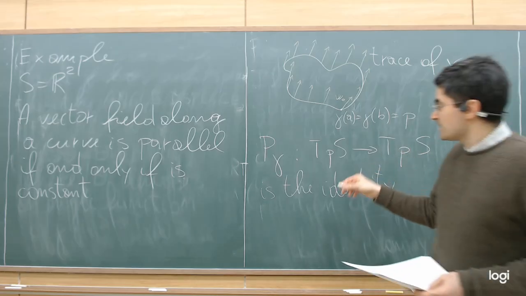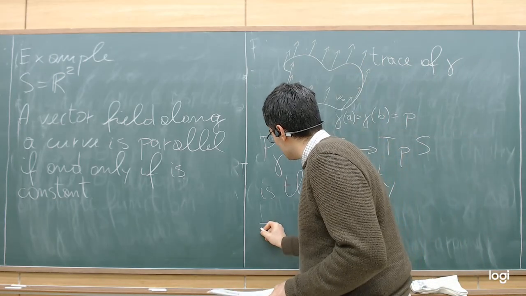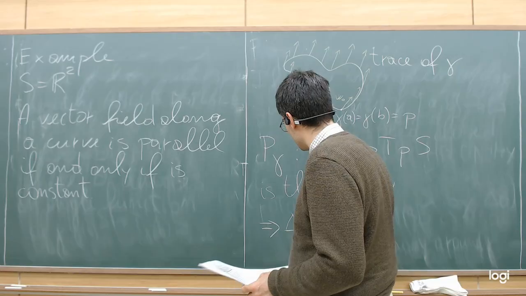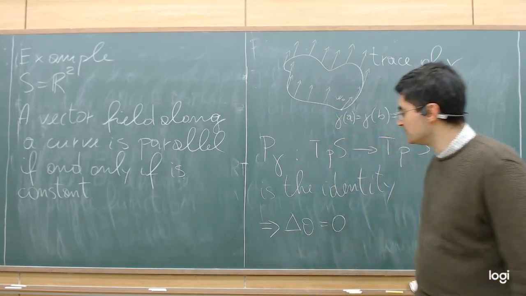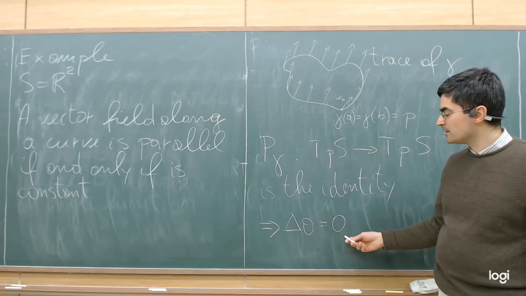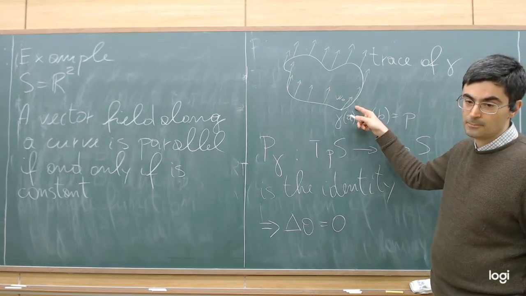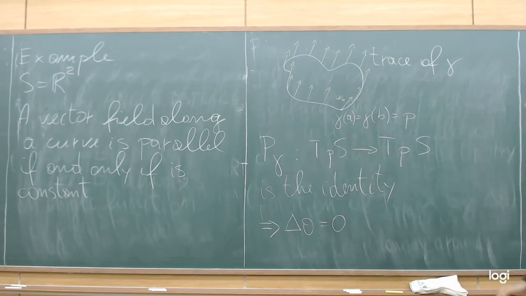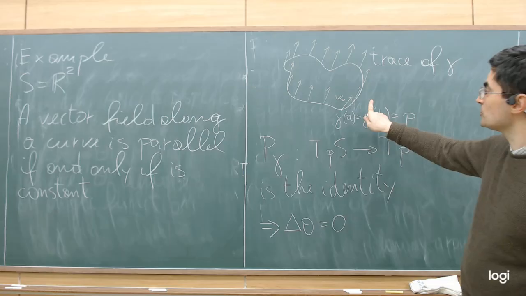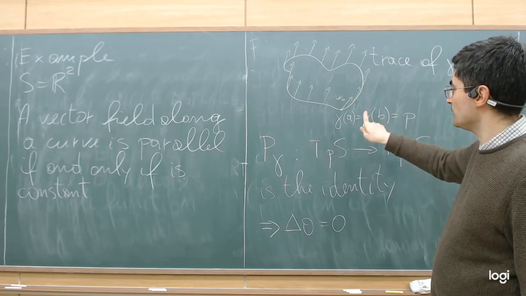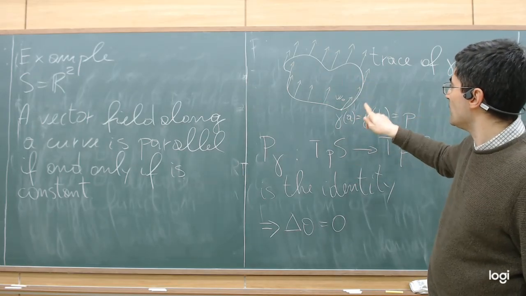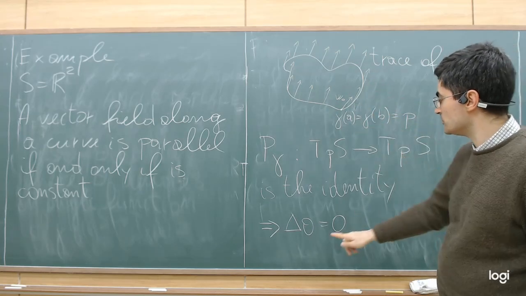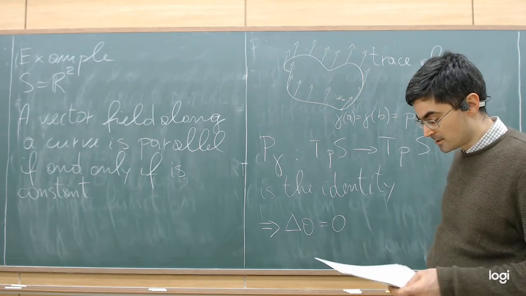And this says that delta theta is 0, which is something you can also get from the picture. There is no rotation of the vector field along the curve, so the angle displacement is 0.